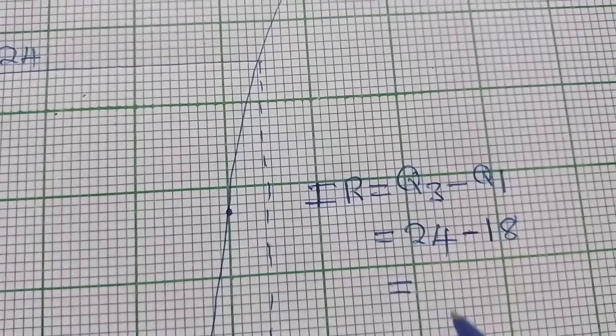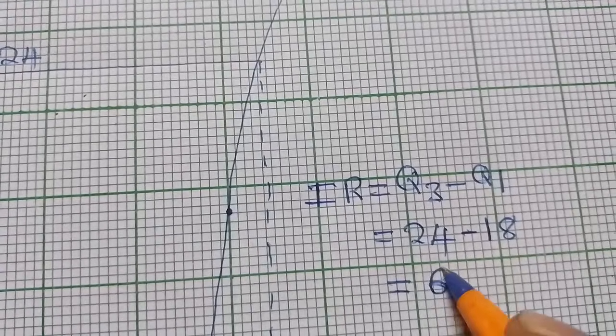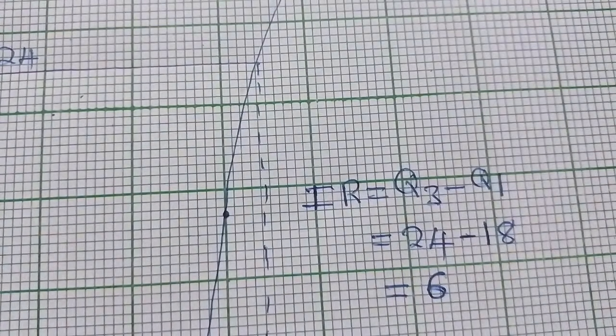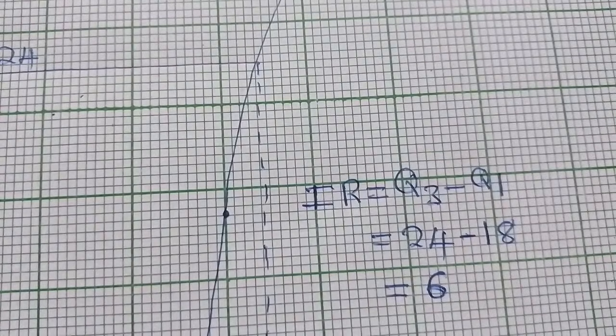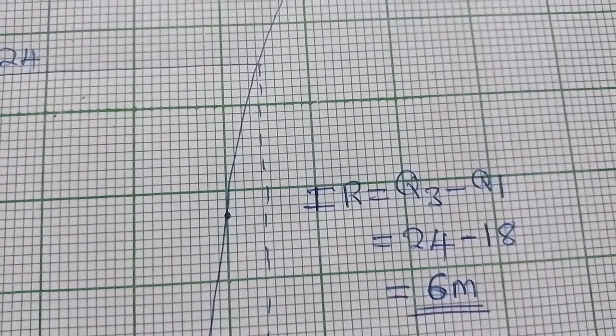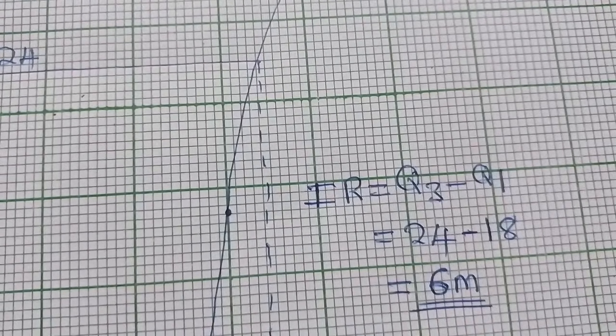So you just put your 6 there. 6 what? What is on the x-axis? It is length. So 6 meters. Then you are done. So that's how you need to answer this one.